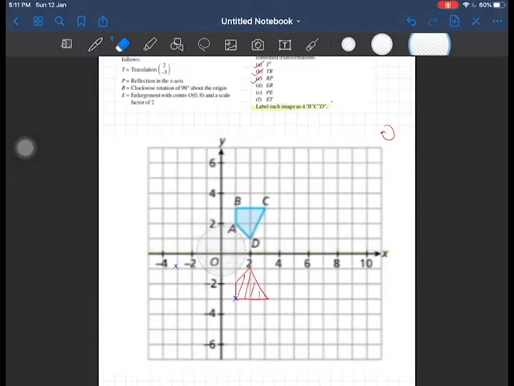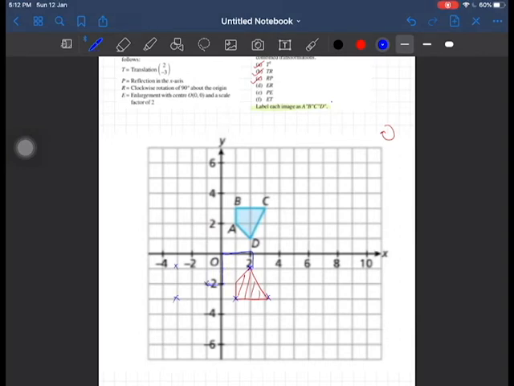Again, I choose this point: 1, 2, 3, 1, 2, 3, 90, 1, 2, 3, 1, 2, 3. Okay, that's not a good point to choose. So pick another point. Right? 1, 2, 1. 1, 2, 1.